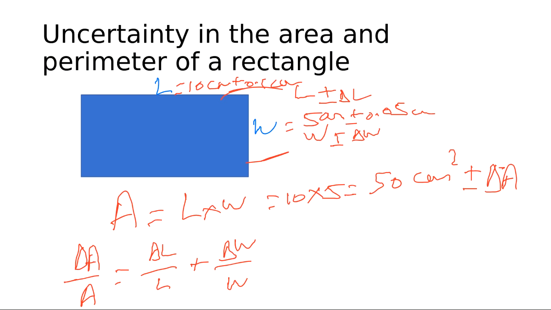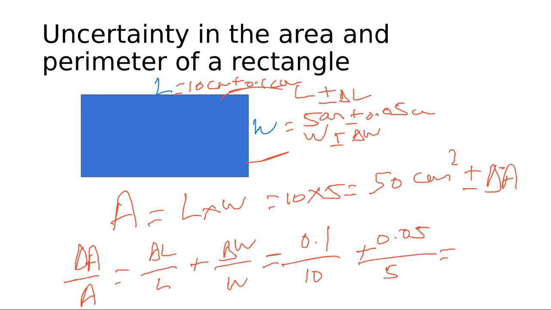You have all the numbers: delta L is 0.1 over 10, plus delta W, we have 0.05 over 5. If you calculate all this, you will get the answer for delta A over A, and then if you want delta A, just multiply by the area.